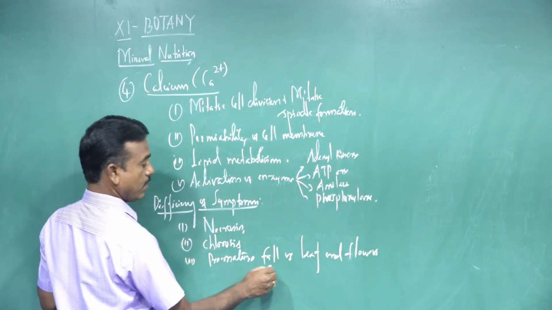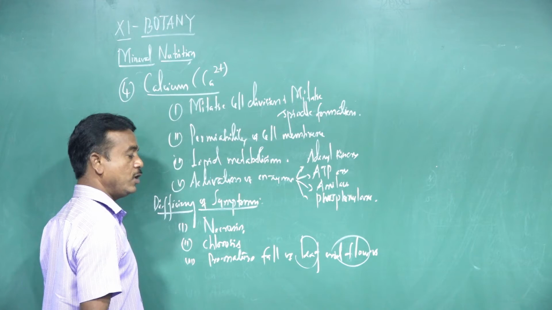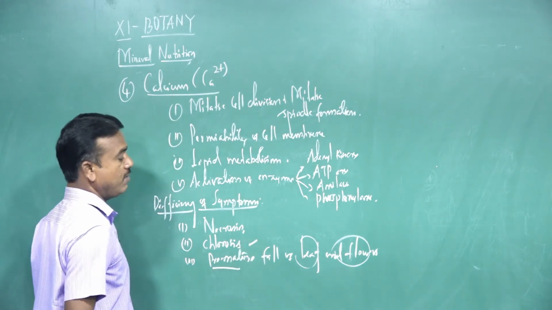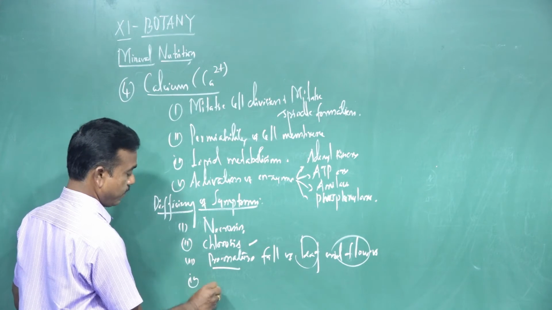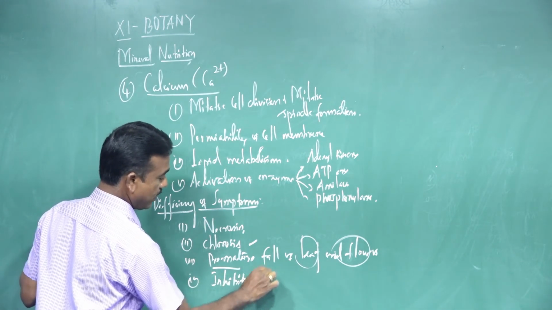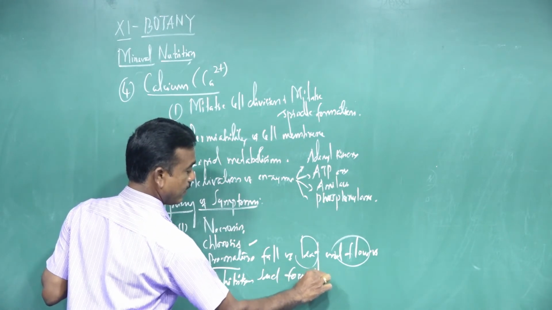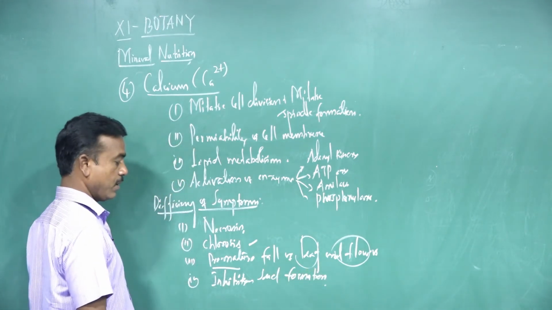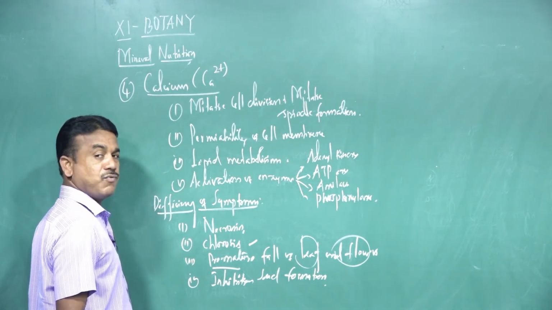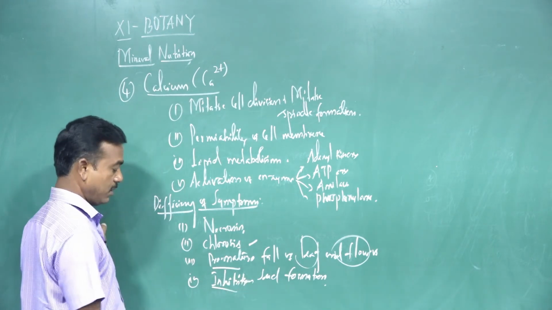That means the leaves and flowers fall earlier without attaining maturity. Then inhibition of seed formation. That means seeds form, but the rate of formation is prevented.